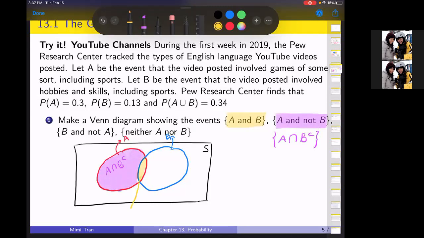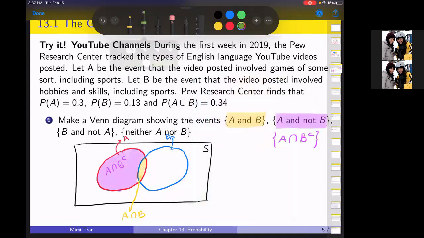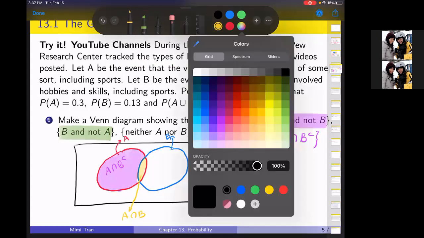This part right here is A and not B. Now B and not A. Tell me, where do I shade B and not A? The blue, yes, the part of the blue.